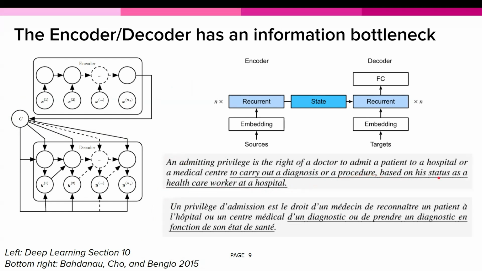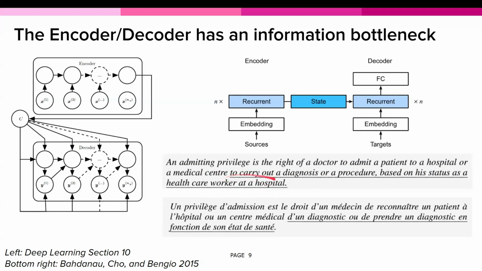An admitting privilege is the right of a doctor to admit a patient to a hospital or medical center to carry out a diagnosis or procedure based on his status as a healthcare worker at a hospital. So right now we're talking about the right of a doctor to admit a patient to a hospital based on his status as a healthcare worker at a hospital. Okay, that makes sense. Healthcare workers at hospitals can admit patients.